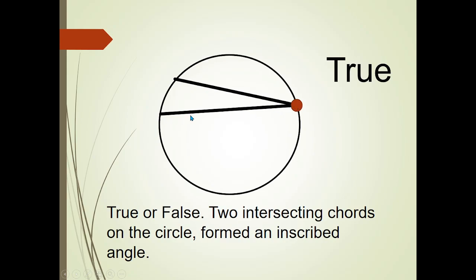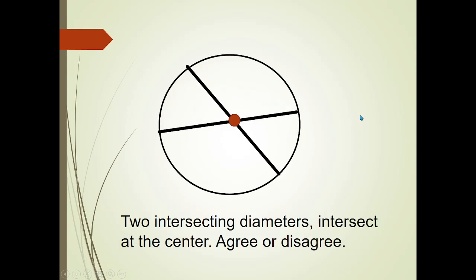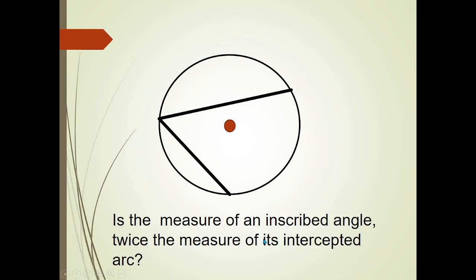These are the two intersecting chords. Two intersecting diameters intersect at the center. Agree or disagree? Agree, because diameters always pass through the center, so naturally their intersection is the center. Is the measure of an inscribed angle twice the measure of its intercepted arc? The answer is no. It's not twice, but half the measure of its intercepted arc.